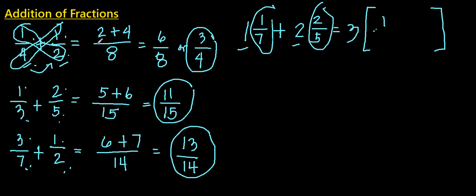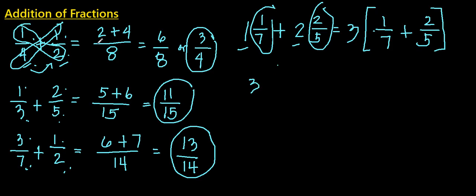So 1 over 7 plus 2 over 5. Then this portion, you can add it using our method.